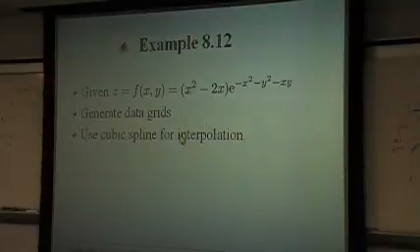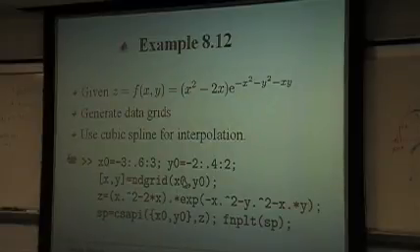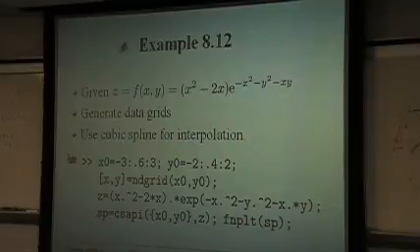So let's consider this example again, which is a two-dimensional problem. We can generate a set of data, which is not necessarily gridded data. We can generate any kind of data using commands like this.